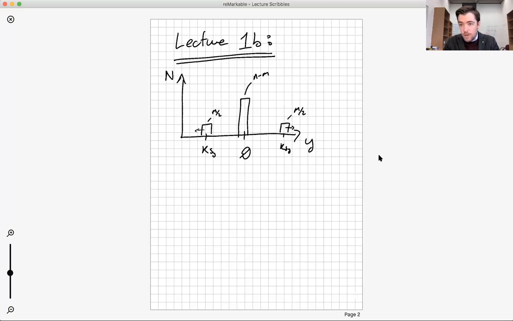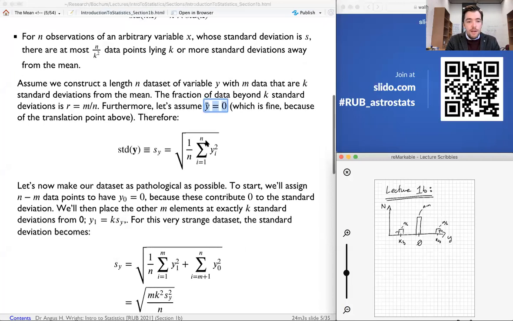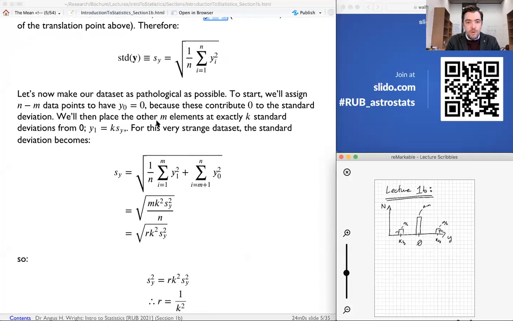And so this is the most pathological case we can come up with for a particular standard deviation measure. So we've got these two values essentially, one of which is at 0, and the other of which is at the absolute value of k s_y. And so we can use this very strange data set that I've constructed, and we can calculate the standard deviation.